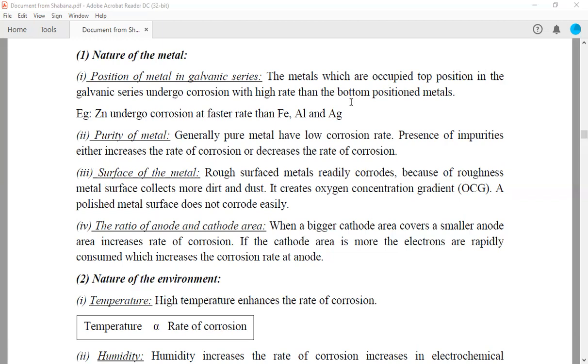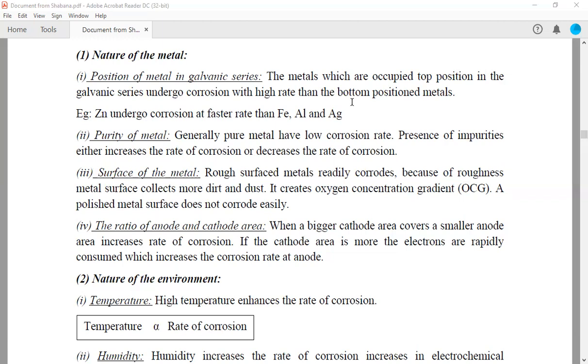The anodic parts get corroded. As the extent of exposure and impurity increases, the extent of corrosion increases.